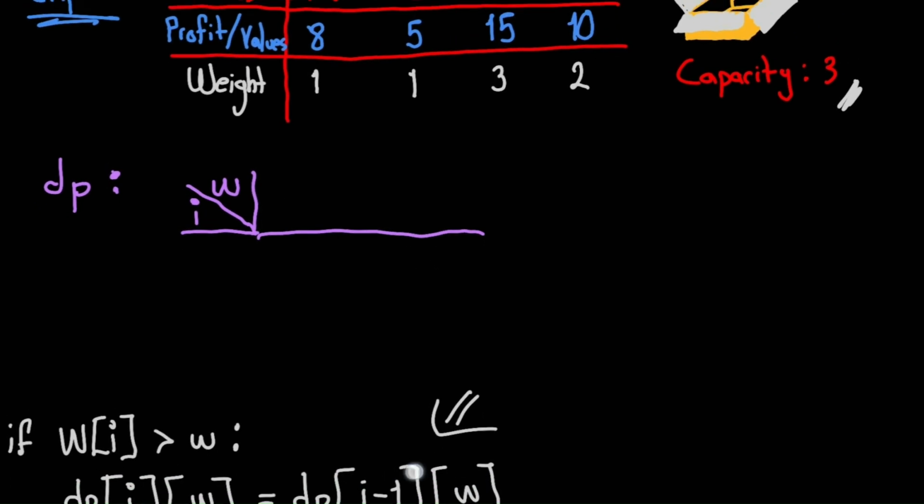The columns represent capacities from 0 up to 3. So 0, 1, 2, and 3. Why 3? Because our box has capacity of 3. And the rows represent items A, B, C, and D.